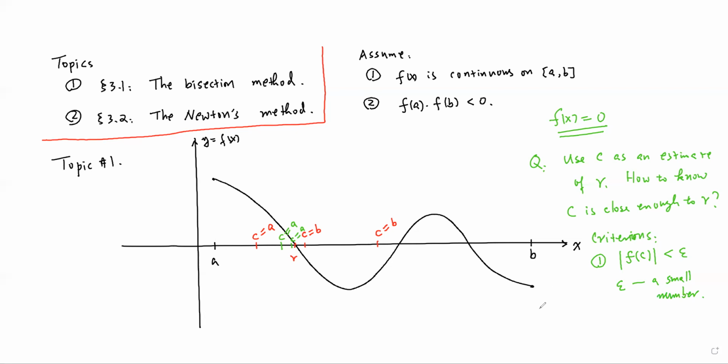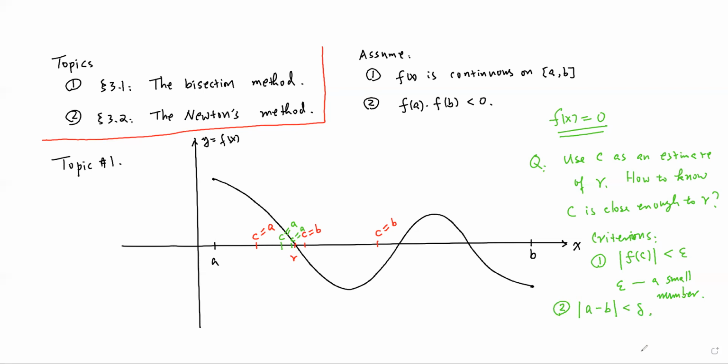The second criterion is if the length of the interval AB, the absolute value of A minus B, is less than some number, delta.